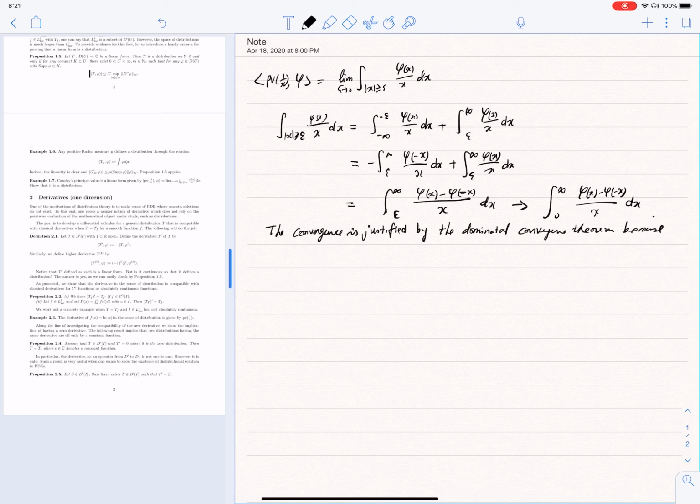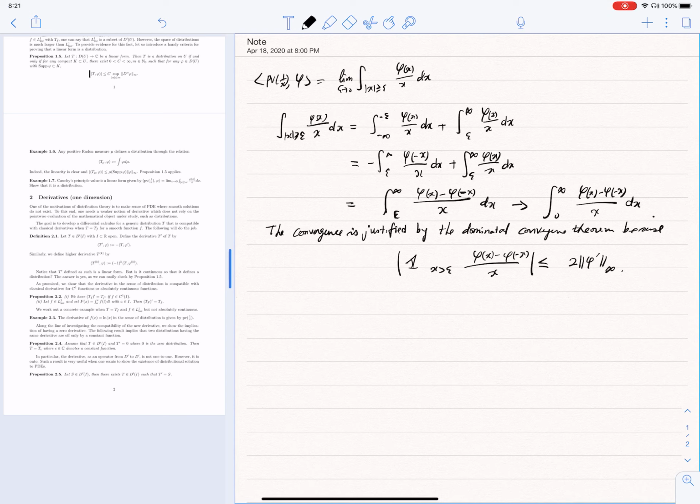Because we have this indicator, which is x larger than epsilon, times phi of x minus phi of negative x over the absolute value of x, which is dominated by, so we can erase the indicator function. Then by using the mean value theorem, we see that this is actually bounded by twice the uniform norm of phi prime.